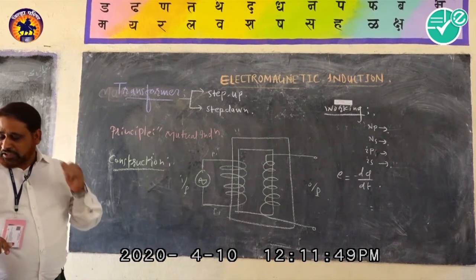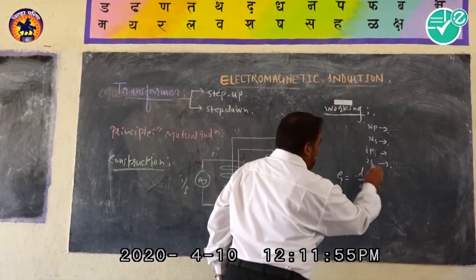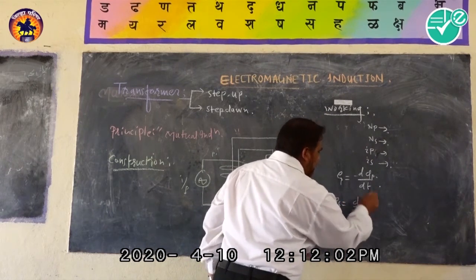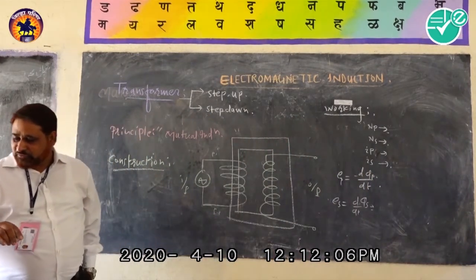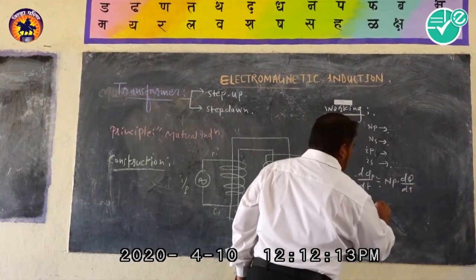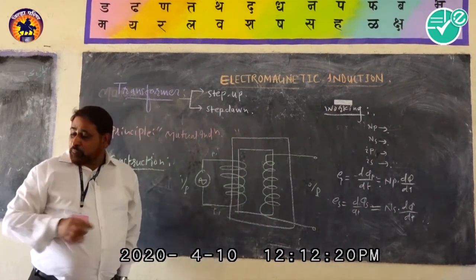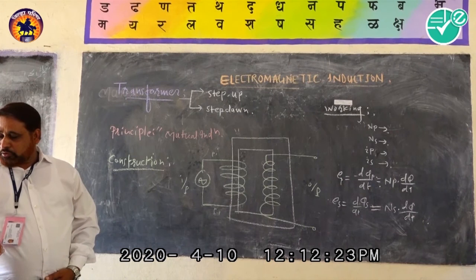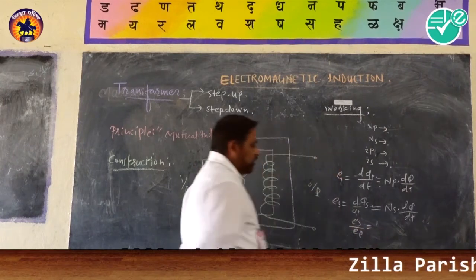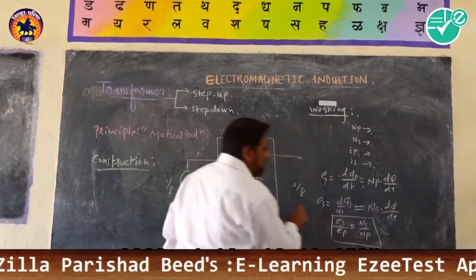So here EP is equal to NP into d phi by dt of the primary, and similarly ES will be equal to NS into d phi by dt of the secondary coil. So using the formula, ES by EP is equal to NS by NP. This is the expression for the transformer.